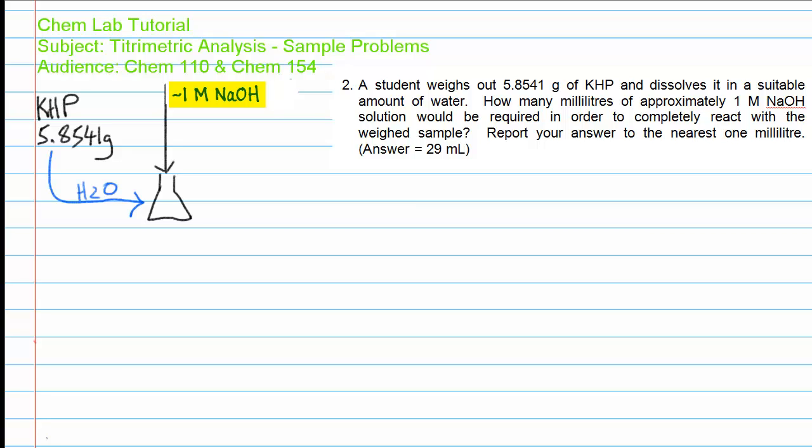And what the question is asking is how many milliliters of approximately 1 molar sodium hydroxide would be needed to neutralize this mass of the primary standard acid. In other words, what is the titer or the titer figure expected to be?